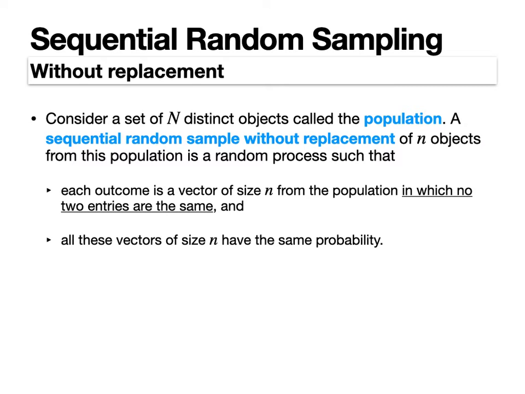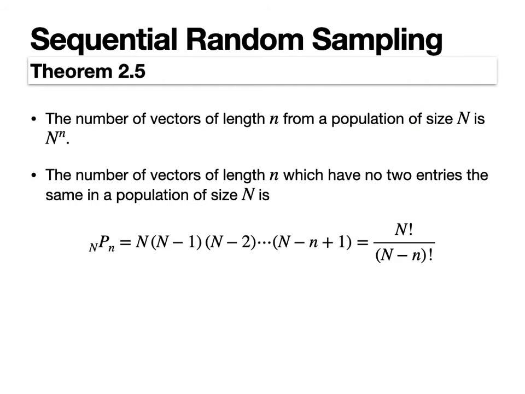So in a sequential random sample without replacement, outcomes are still vectors because order matters, but they're only vectors that don't have any repeats, in which no 2 entries are the same. And that's what you would get if you drew names from a hat, and once you draw a name, it doesn't get returned to the hat. So the next name you draw is definitely going to be different. So that's sampling without replacement.